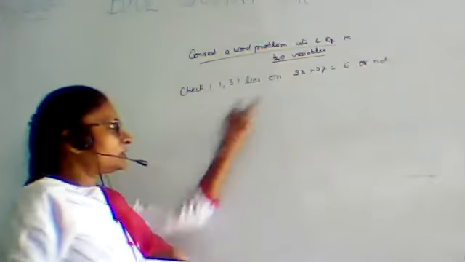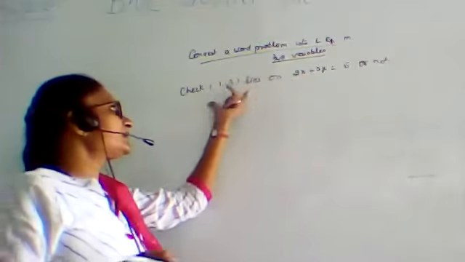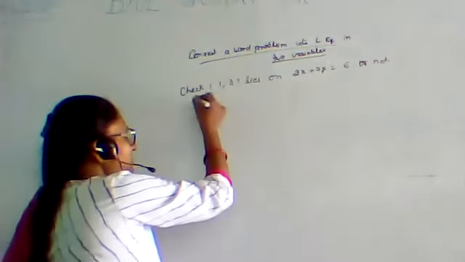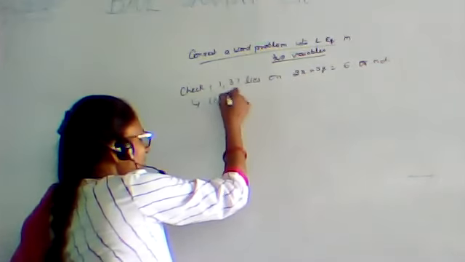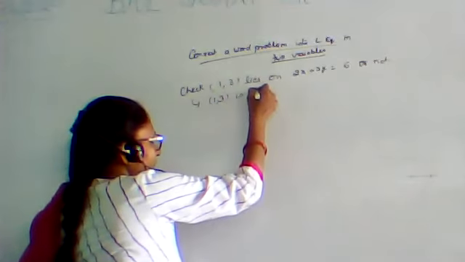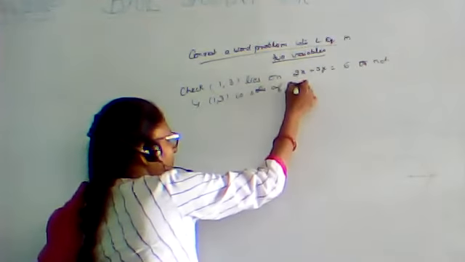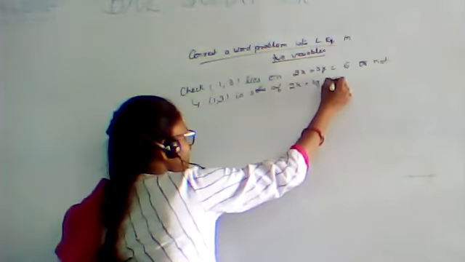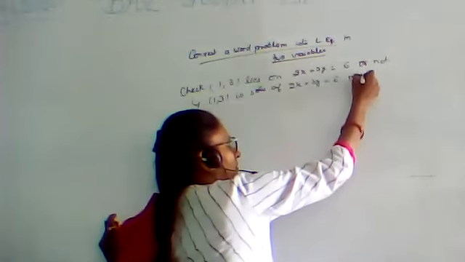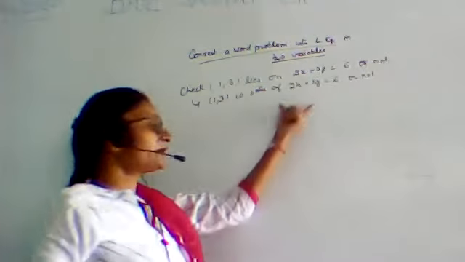Whether it lies on the line or not, या whether this is the solution. और ये भी हो सकता है check 1, 3 is the solution of 2x plus 3y equals to 6 or not. Whether it is the solution or not.